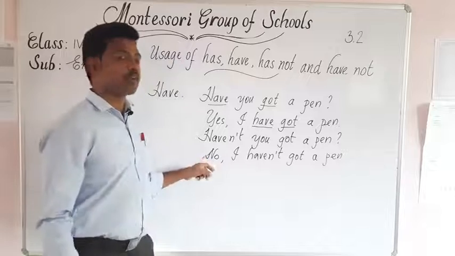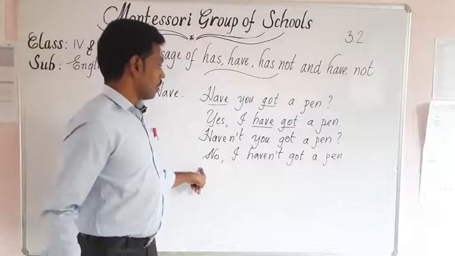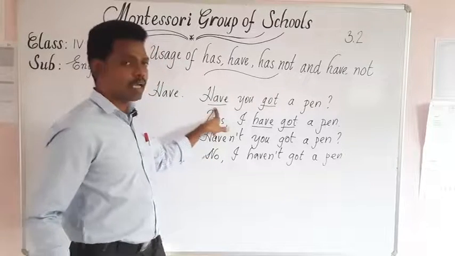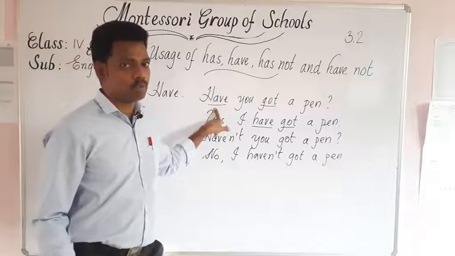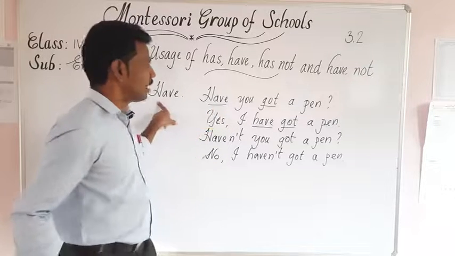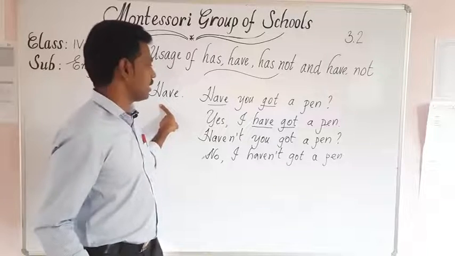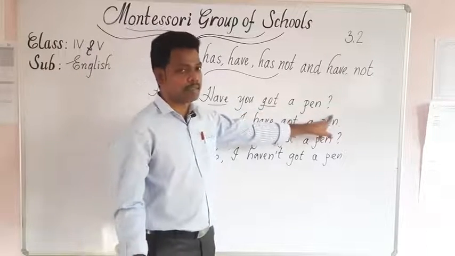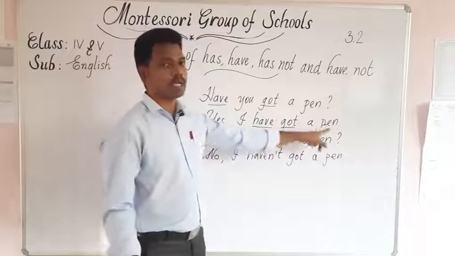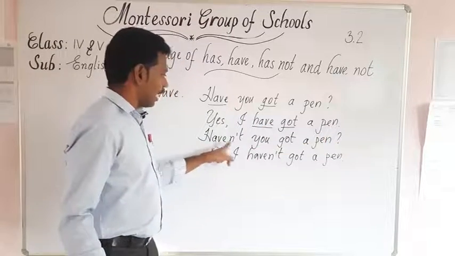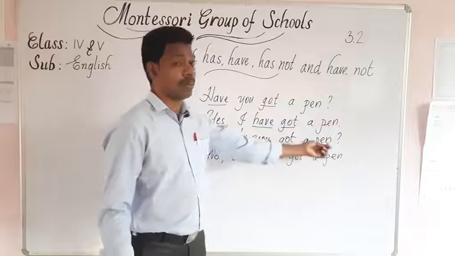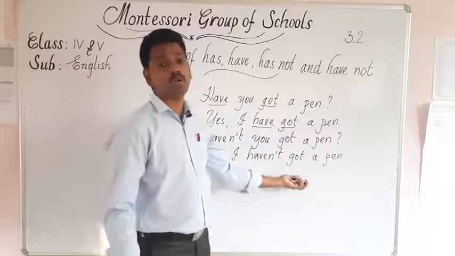No, I haven't got a pen. Okay, so this is the case of helping verb. The word have acts as helping verb. When you make interrogative sentence, have you got a pen? Yes, I have got a pen. And negative, haven't you got a pen? No, I haven't got a pen.